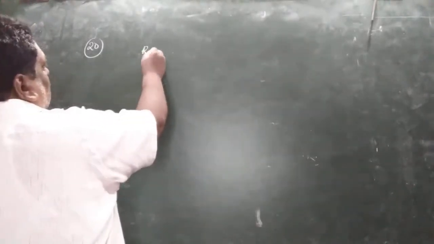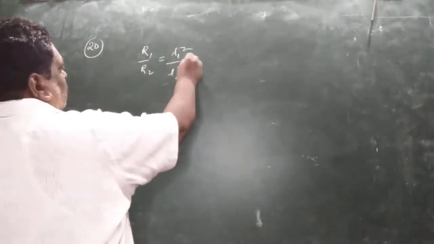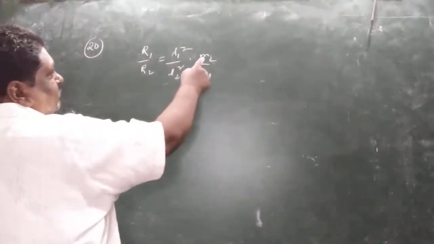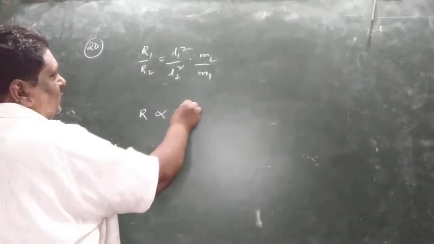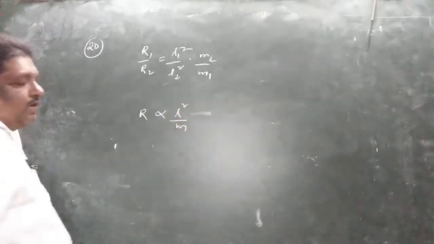The electrical resistance of these wires will be in the ratio? So here, with the masses formula, R1 by R2 is equal to L1 square by L2 square into M2 by M1. See, one time refer to the material also. With resistance and mass, R is proportional to L square by M. This is the formula.